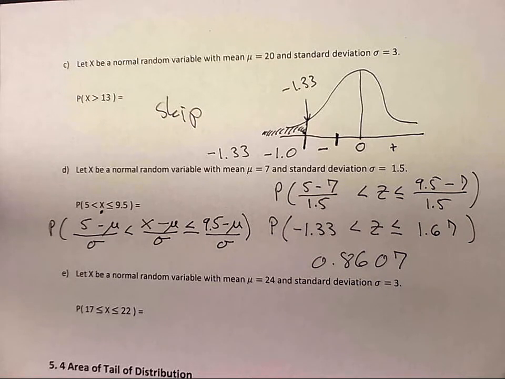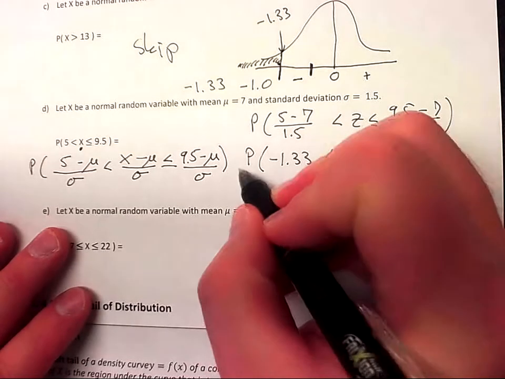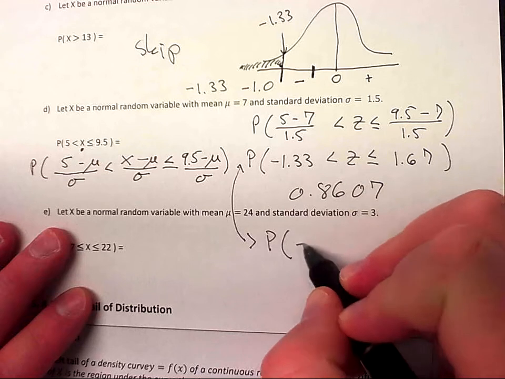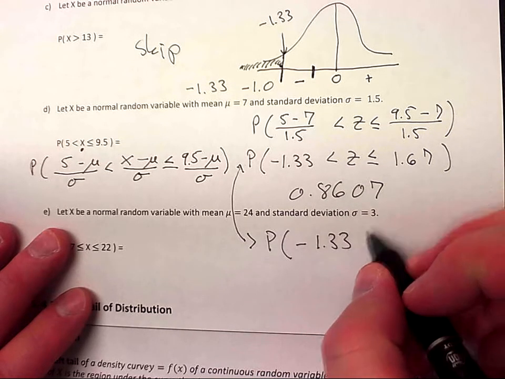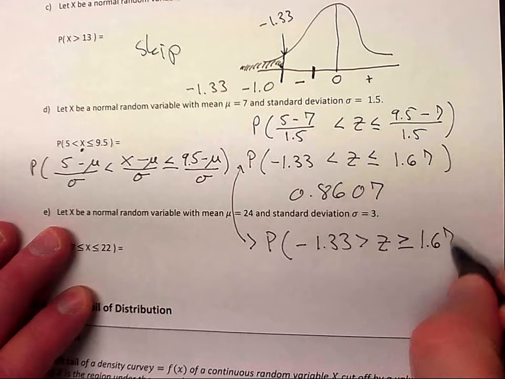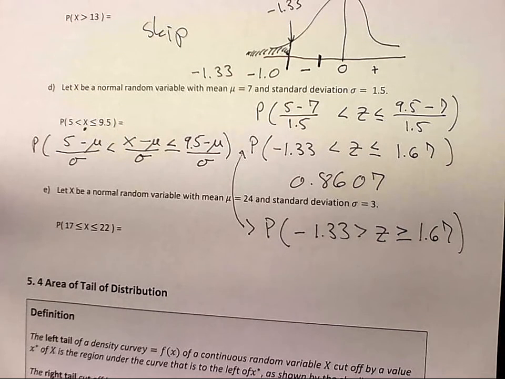Now, just to make sure I understand your question correctly, let's say for some reason we end up with this right here. The only difference between these two things is that I just changed the direction of these symbols, this symbol right here and this symbol right here.